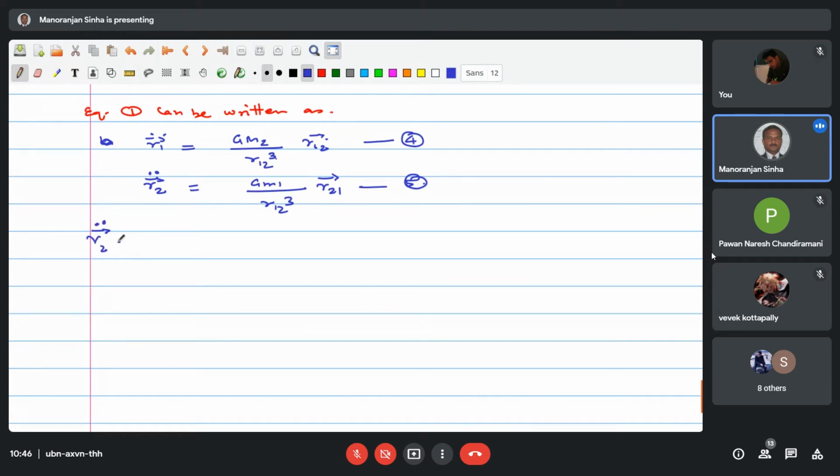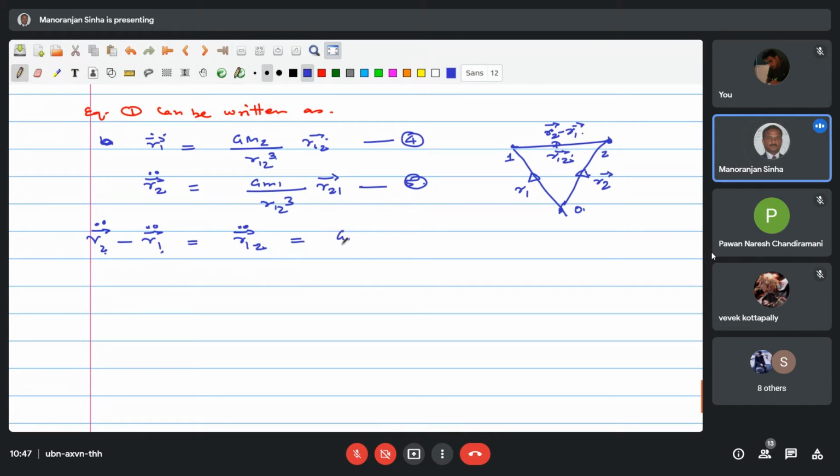Subtracting from equation 5 the equation number 4, this gives us, this is a vector from 1 to 2. So this is R12 double dot. If this is 1 and this is 2, we are writing this as R12. This is the point O, this is your R1 and this vector is R2 minus R1. So subtracting, we get this quantity here, R1 double dot.